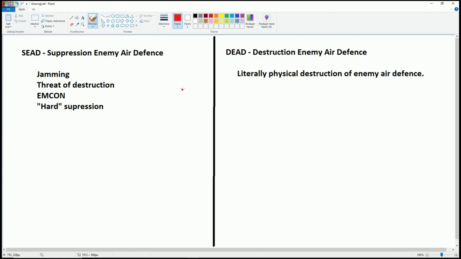For some reason, there is a very widespread confusion, or let's say wrong interpretation of SEAD, suppression of enemy air defense.